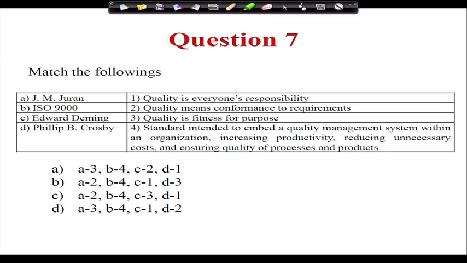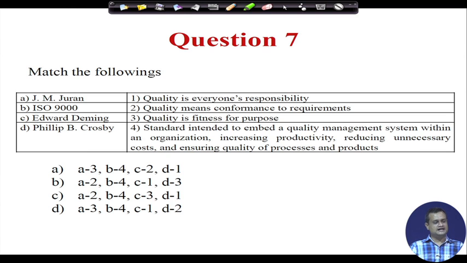Question 7, again you are supposed to match the left part with the right part. On the left part you can see A is J.M. Juran, B is ISO 9000, C is Edward Deming and D is Philip B. Crosby.